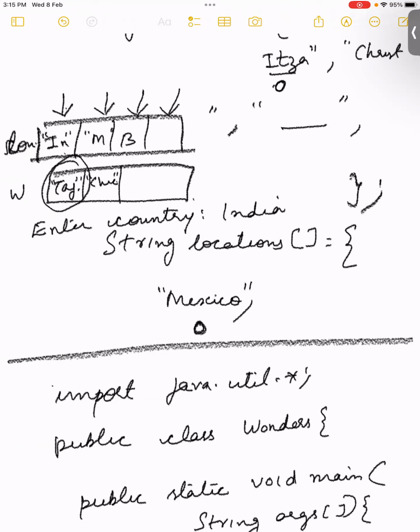So when you are searching for Mexico, is there any wonder? First of all, you should look whether Mexico is present in this array. Only if Mexico is present, pick up the index of Mexico. In this case, the index of Mexico is 1. Index of India is 0.